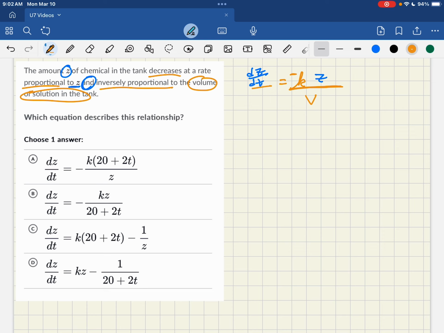But I'm just going to write V right here. So the rate would be proportional to that and inversely proportional to that. Whenever you see the word inversely proportional, that means that number, in this case volume, is going to divide the constant of proportionality. This is kind of a crazy one because it uses proportional and inversely proportional.